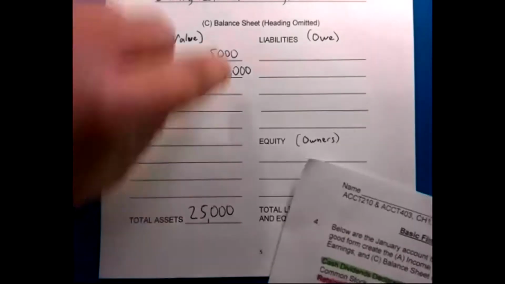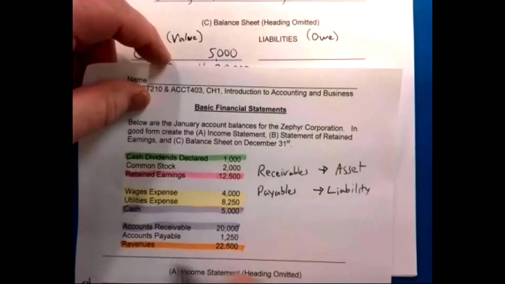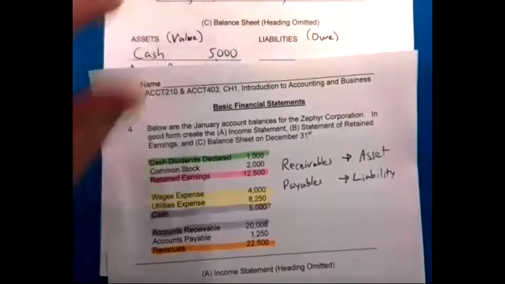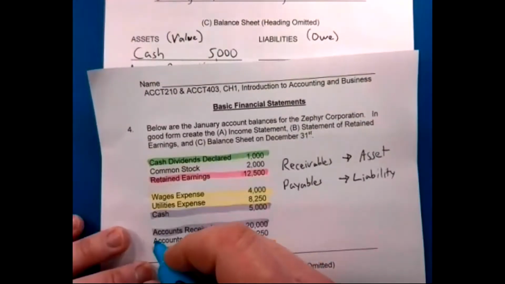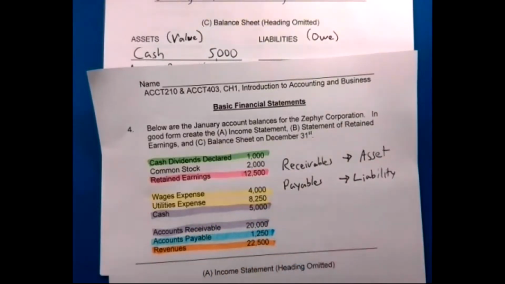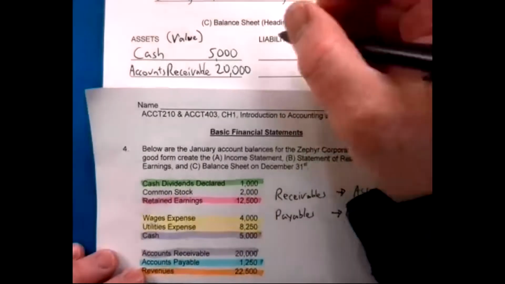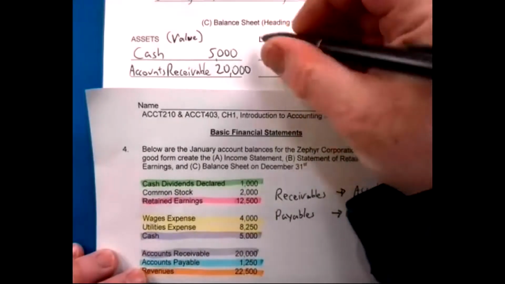Okay, moving over to liabilities, we just talked about here, any payable. Here we have a payable. So we owe $1,250, accounts payable.